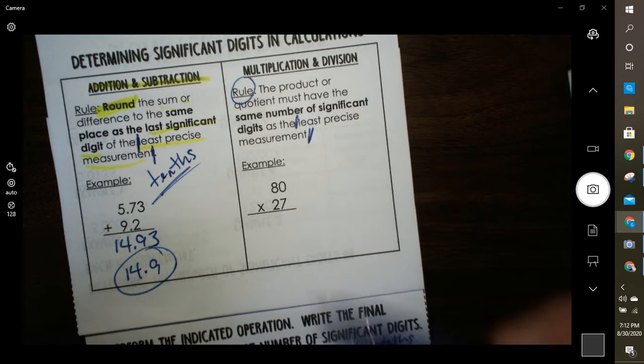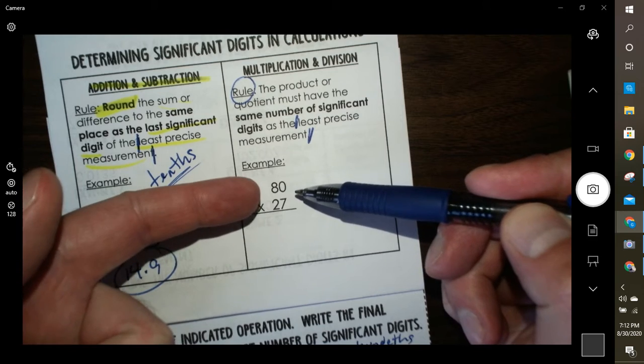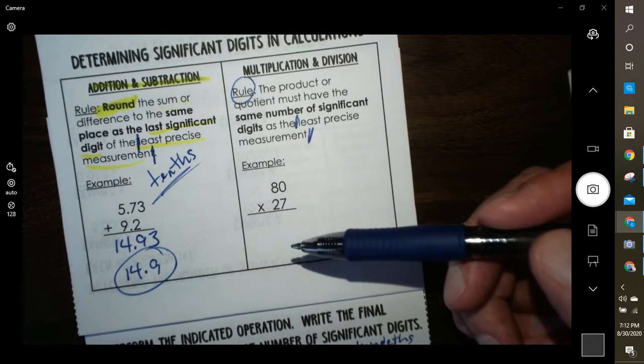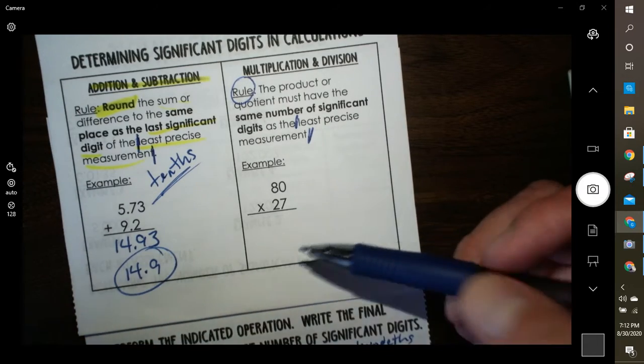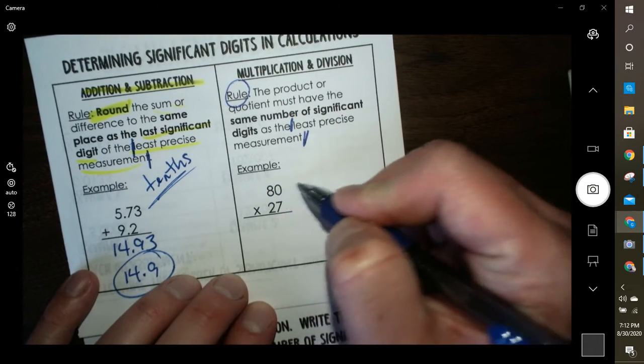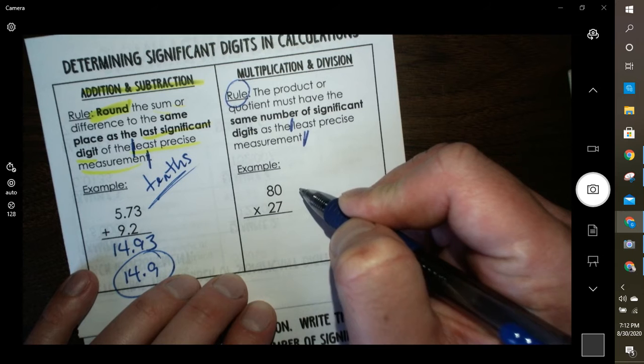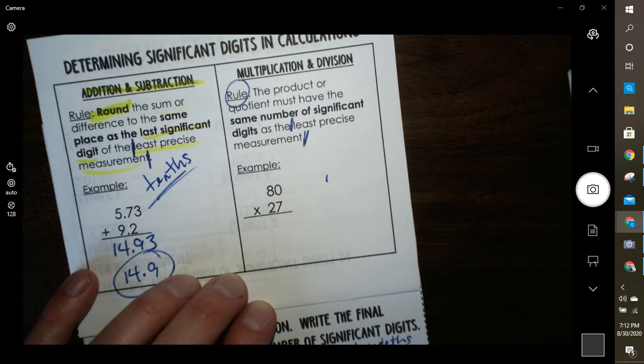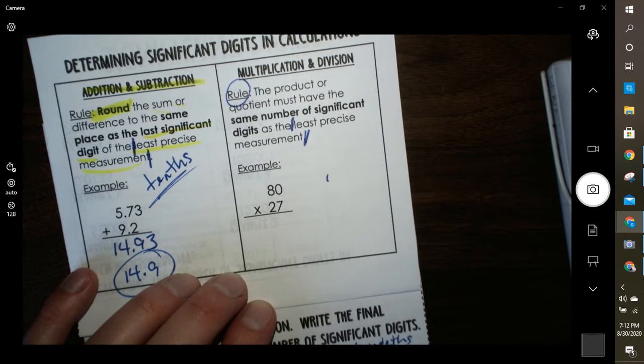Least precise is going to have the least amount of significant digits. First off, how many significant digits are in our first number here, 80? There's 1 significant digit. Then in 27, how many significant digits? We have 2.